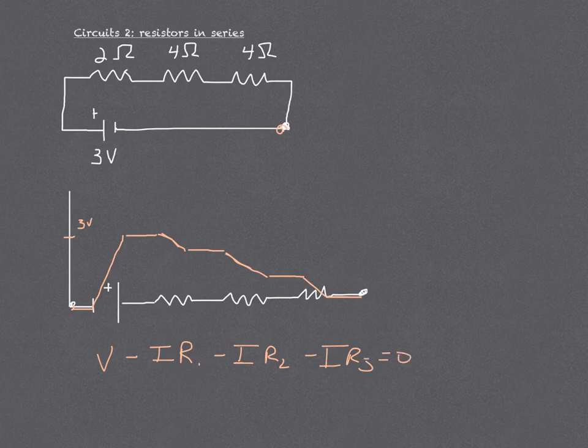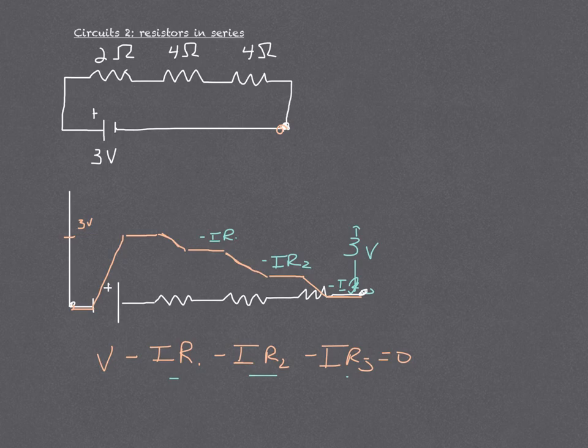What we can see is that the total drop over all 3 resistors is going to be 3 volts. So in the prior circuit with only one resistor, that one resistor dropped the total potential. So each of these have their own amounts of drop here, equal to what you put into the equation.